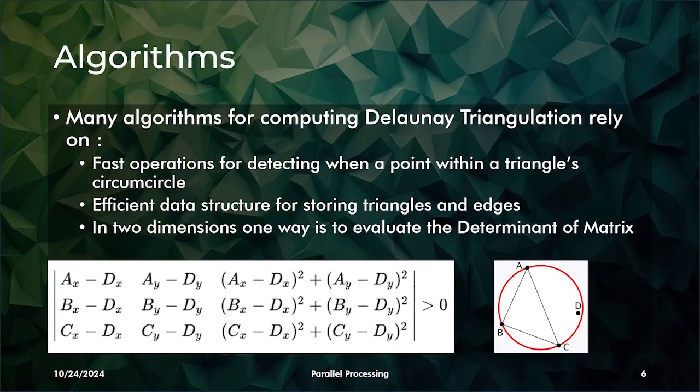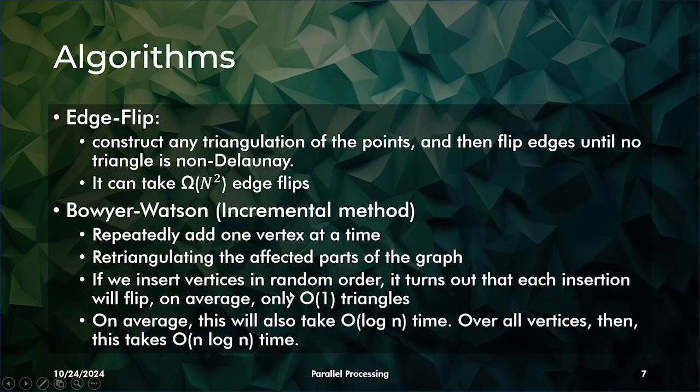If it's greater than 0, then the point D is not in the circumcircle of triangle ABC. And if it's lower than 0, then we can assume that the point D is in the circumcircle of triangle ABC. So we have to change the triangle edges to find the triangles that satisfy the Delaunay triangulation.